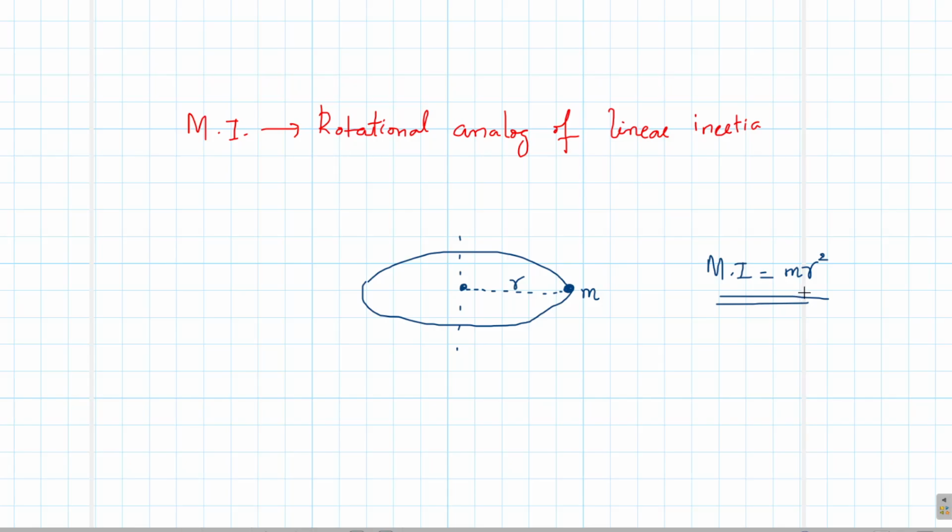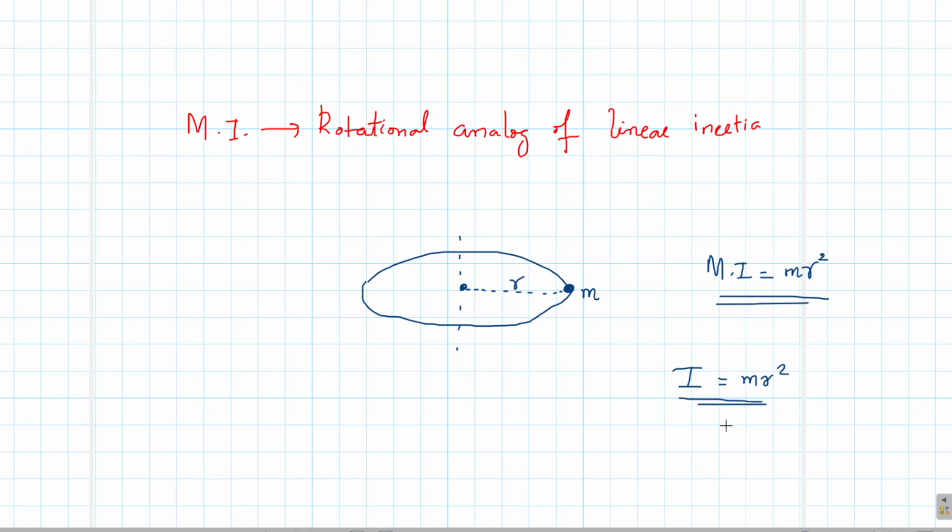The moment of inertia of a particle about an axis of rotation is given by the product of the mass of the particle and the square of the distance of the particle from the axis. I is the notation for moment of inertia. I is equal to m r square.